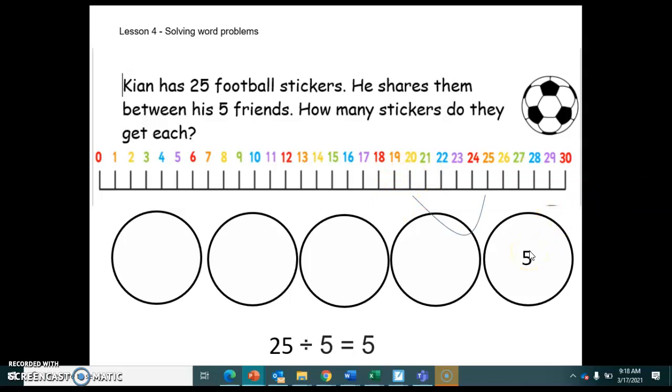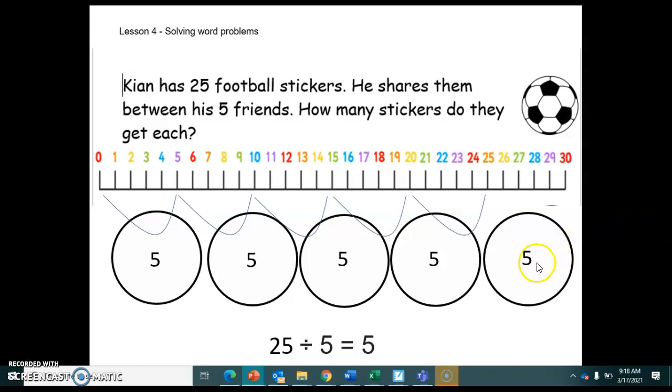This person's got 5. We do another jump of 5, so 20 take away 5 is 15. That's another 5. 15 take away 5 is 10. 10 take away 5 is 5. 5 take away 5 is 0.